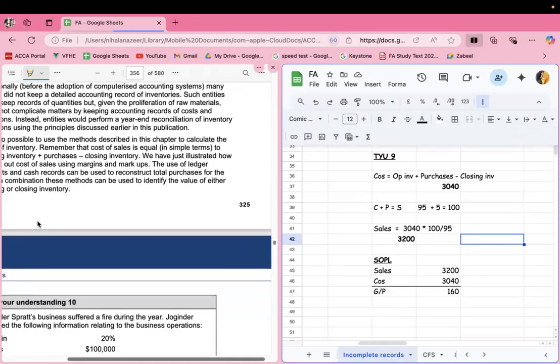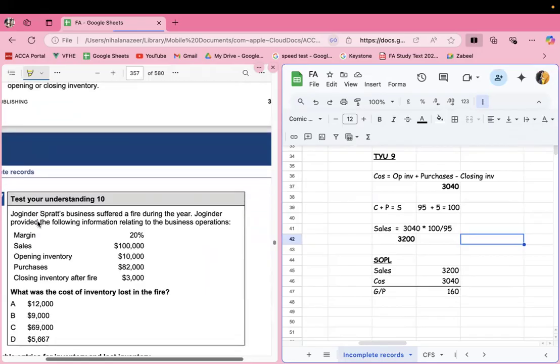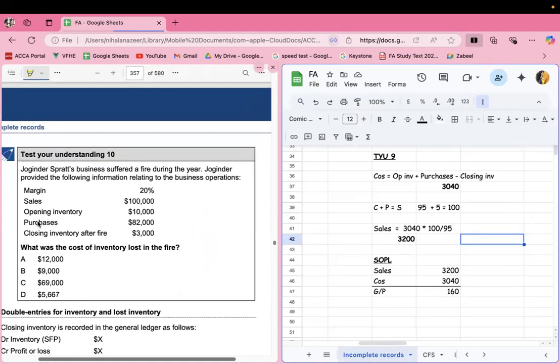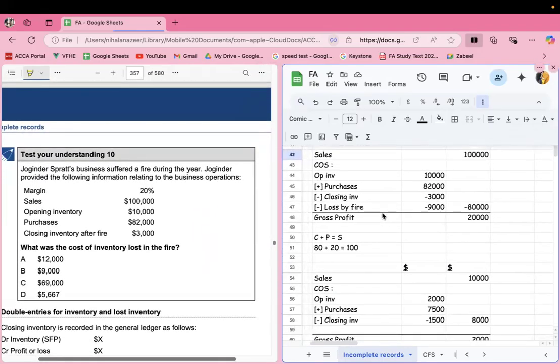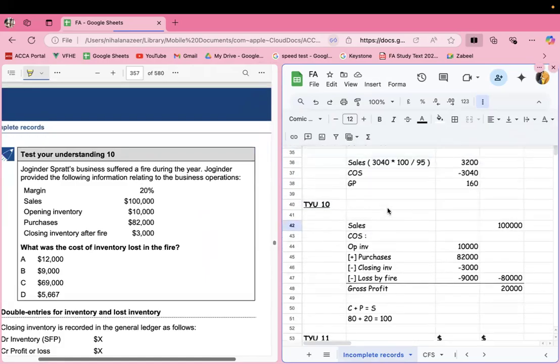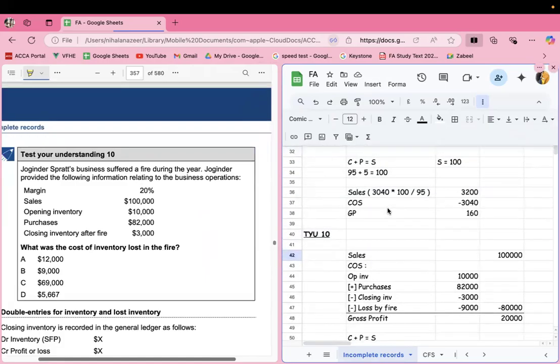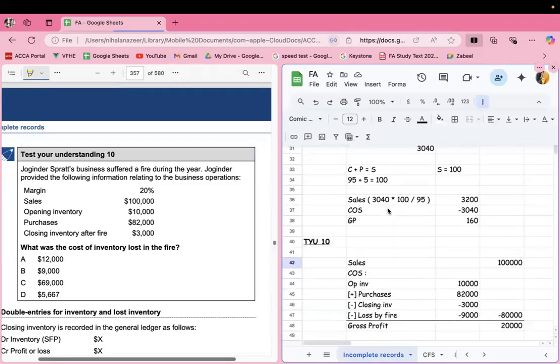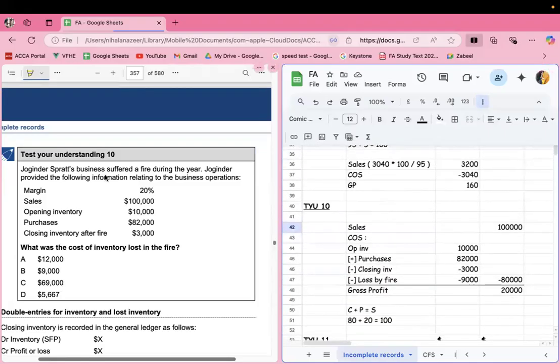Now, missing inventory figures. Test your understanding 10. Joginder Pratt's business suffered a fire during the year, right?